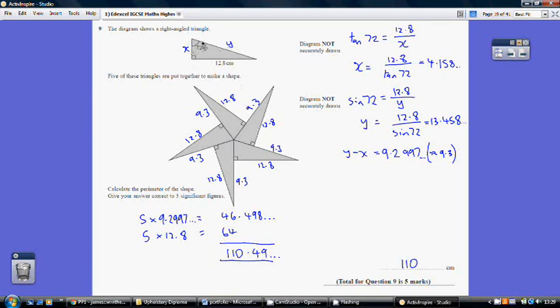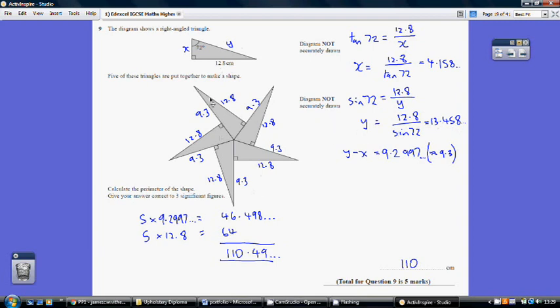Now for this length, the hypotenuse, sin 72 is the opposite 12.8 over the hypotenuse y. Rearranging, y equals 12.8 over sin 72, which is 13.458 roughly.